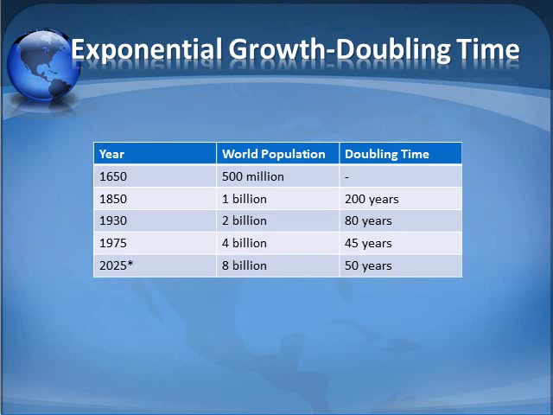So if we look at our doubling time when the population was a little lighter, our doubling time was sitting at about 200 years. In the boom time, so with the boomers taken into account, we were all the way down to 45 years.